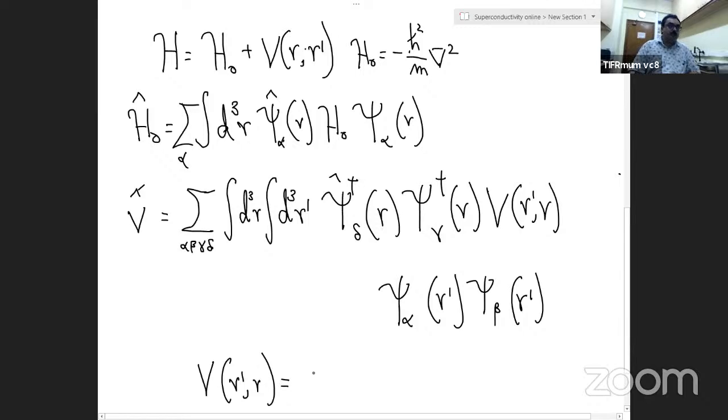So, this quantity, let me write it as V rho. Rho is R1 minus R2, or rather, let me put V dash rho.